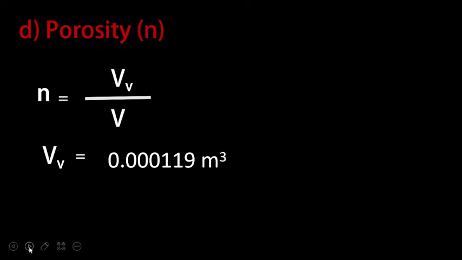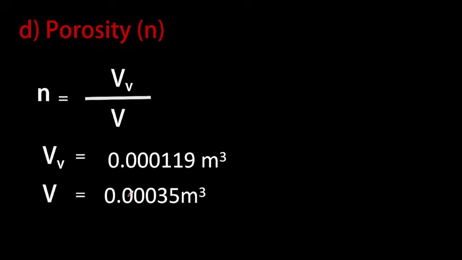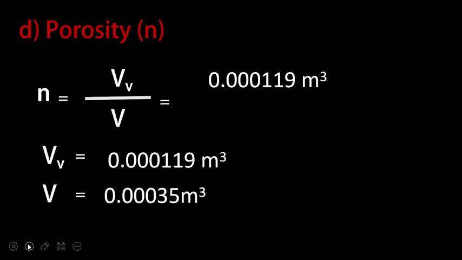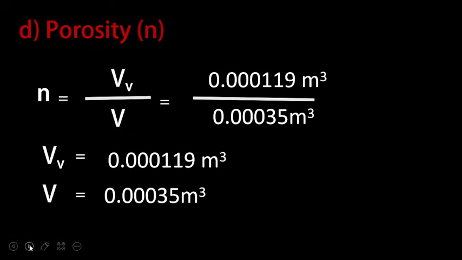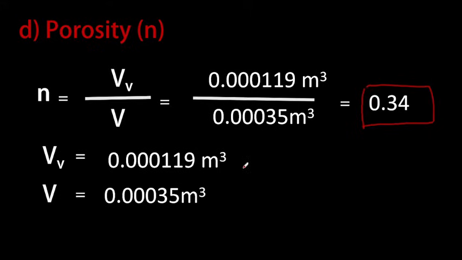Mathematically, it is given as VV over V. VV from our previous calculation is 0.000119 cubic meters, and the total volume of the soil sample is given as 0.00035 cubic meters. So if we plug in the values, then do the calculation, we have 0.34 as the porosity.